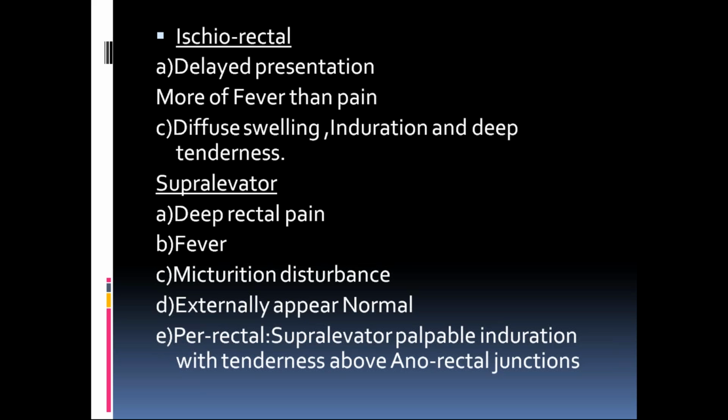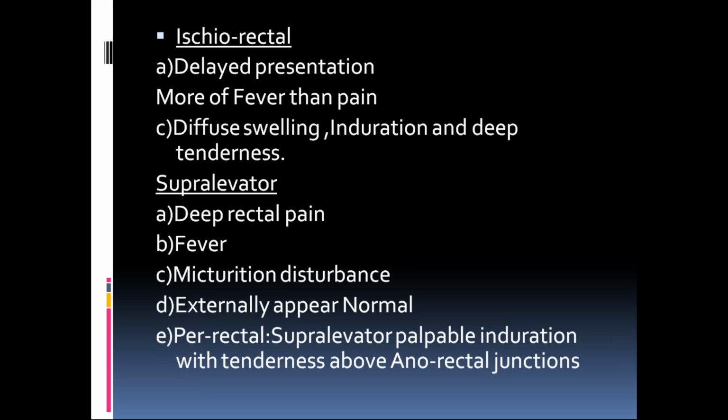Okay, next is on examination. The supralevator region you can't examine externally. You can only see the anus and the perianal or ischiorectal region, but the supralevator space is very deep. If the abscess forms there, externally you can't see anything.